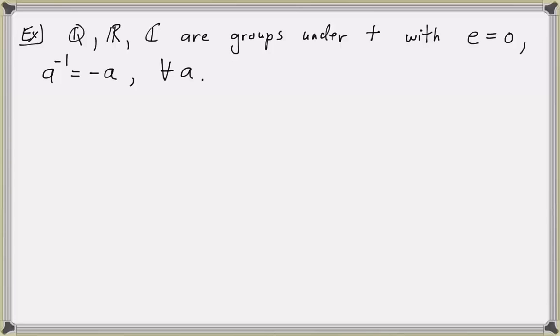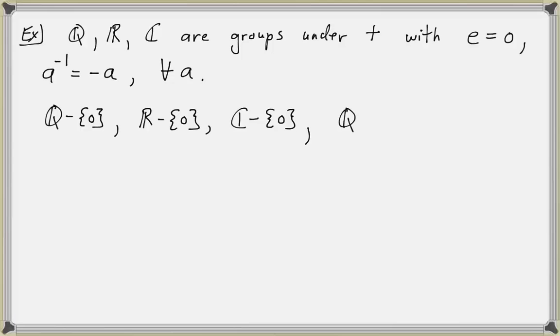If we take out the number 0 from these sets, we can actually define a group under multiplication. So the non-zero rationals, the non-zero real numbers, and the non-zero complex numbers are all groups under multiplication, but so are the positive rational numbers and the positive real numbers.